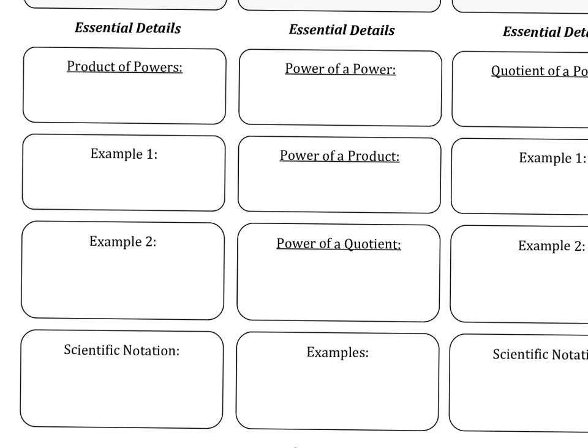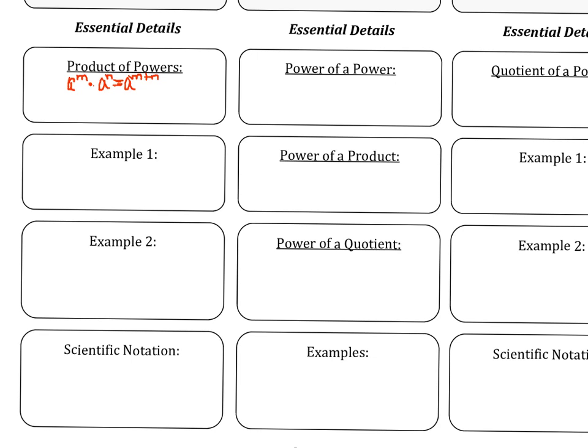If I have a number a to a power m times a number a to a power n, that equals a to the m plus n power. So a to the power m times a to the power n equals a to the m plus n.